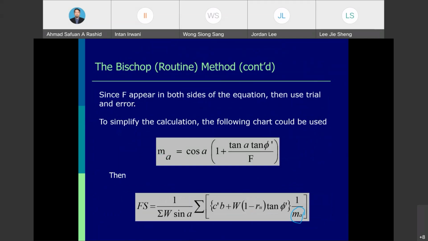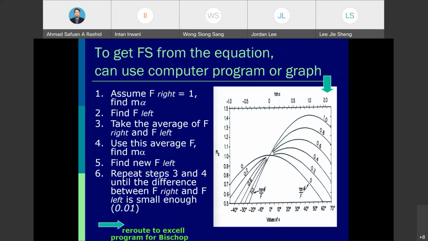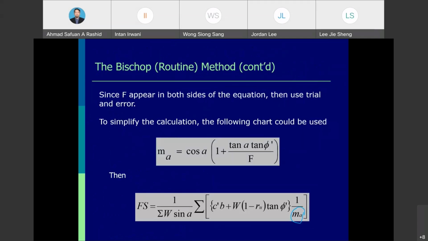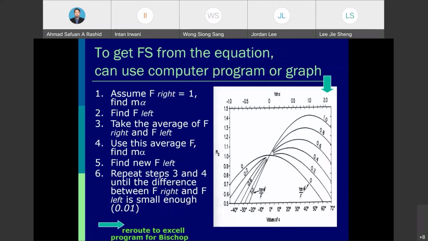So we may calculate the MA separately, or we may use this kind of approach, but I'm not very familiar with it. For me, it's better just to calculate all of the equation by assuming first the factor of safety on the right, and then we obtain the MA. From the MA, we just solve the problem and then get the factor of safety. So this is an example that can be used to estimate the MA.